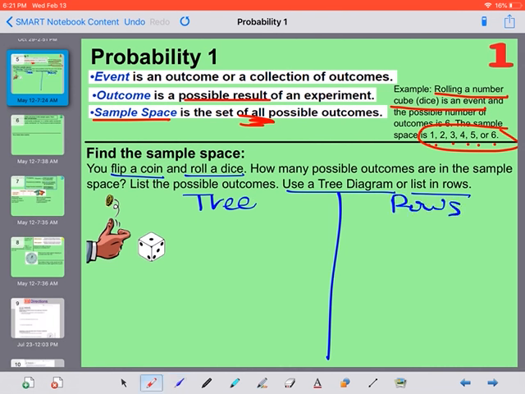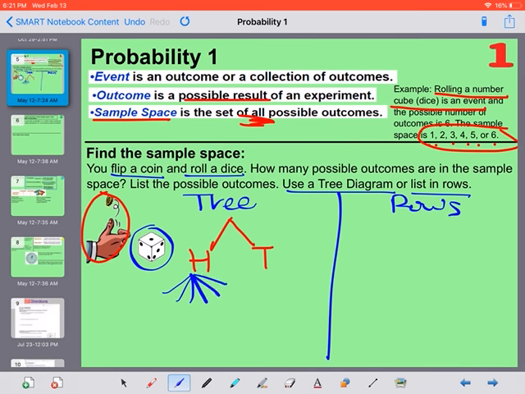So first, if we flip a coin, we have two options. We could get heads or we could get tails. Doesn't matter which one you get, the dice, you still have 6 options when you roll the dice. So you could roll a 1, a 2, a 3, a 4, a 5, or a 6. So there are 6 choices right there.